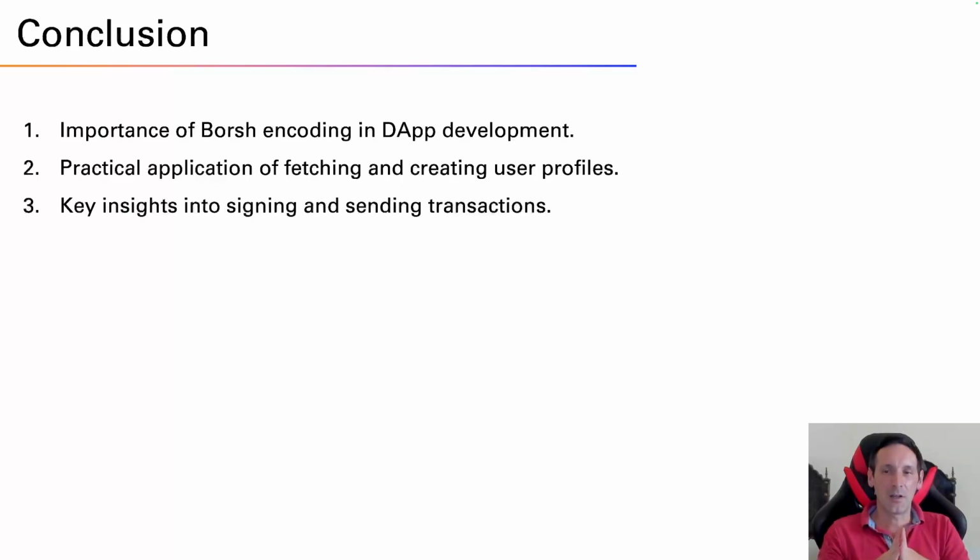This is essential for anyone building DApps on Solana. We walked through practical examples like fetching and creating a user profile, which highlights how transactions flow through the blockchain and the wallet components. We saw examples of reads and writes: fetch the user profile to read, create user profile to write.